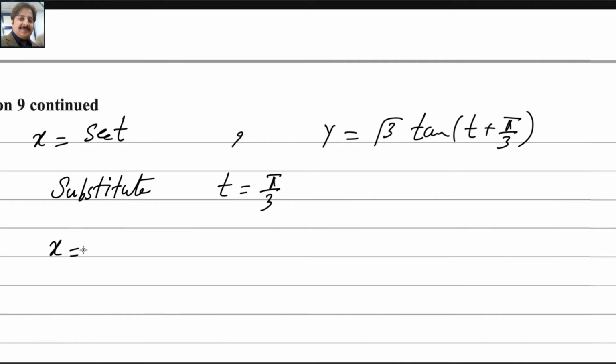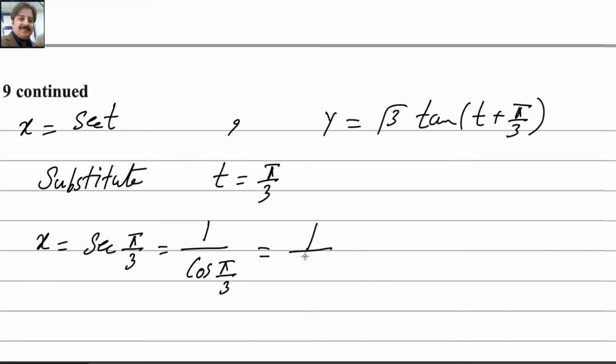x equals sec pi by 3. I know sec is not on your calculator, so you can convert it into 1 over cos pi by 3. You can use the calculator directly here. If your calculator is in radian mode, it will give you the answer 2.